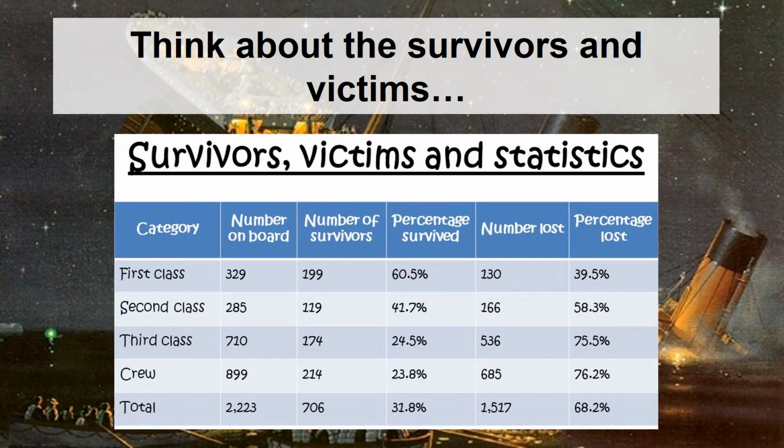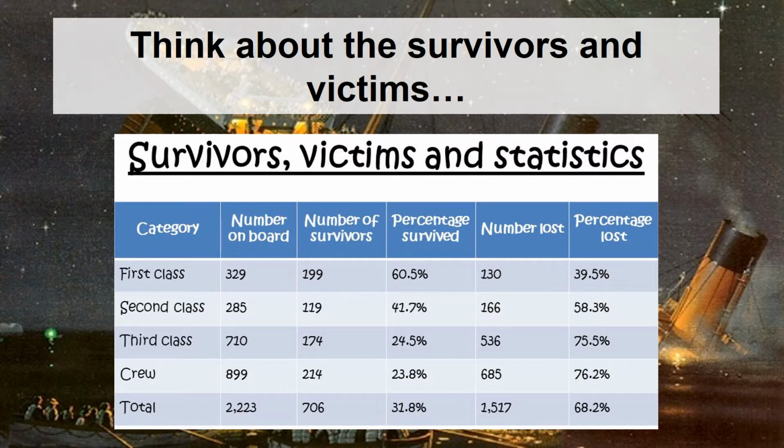You also need to think about the survivors and the victims the night the Titanic sinks. You've got a table here which you also looked at in class. What I want you to do is to look at this table and think about what category of passengers were least likely to die and what category of passengers were most likely to die.